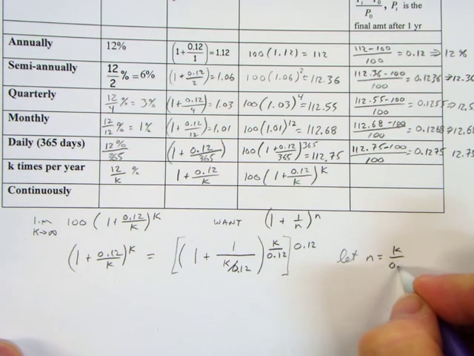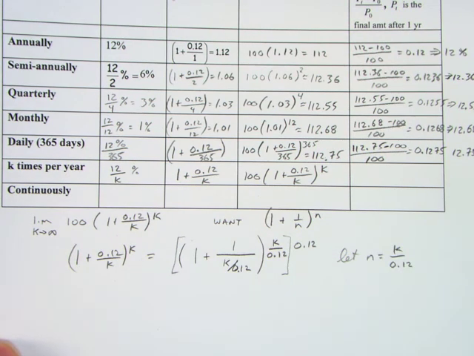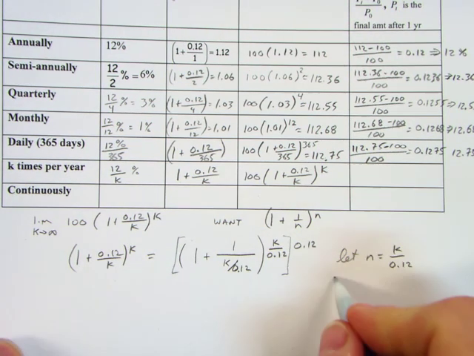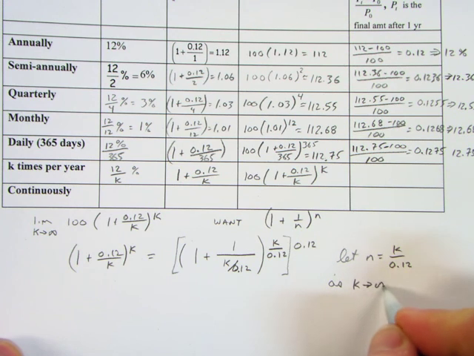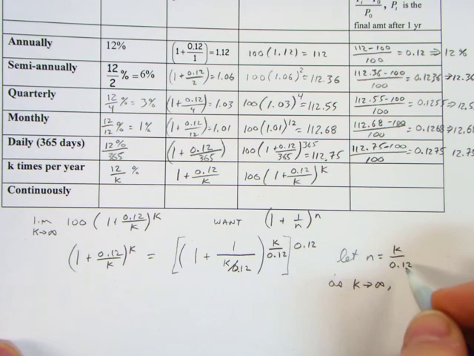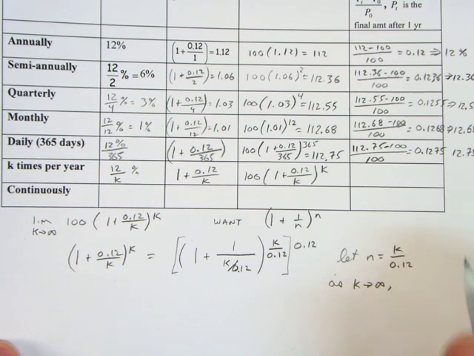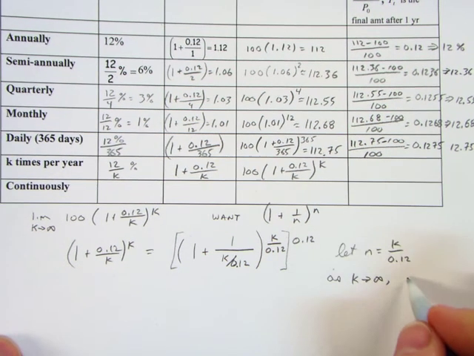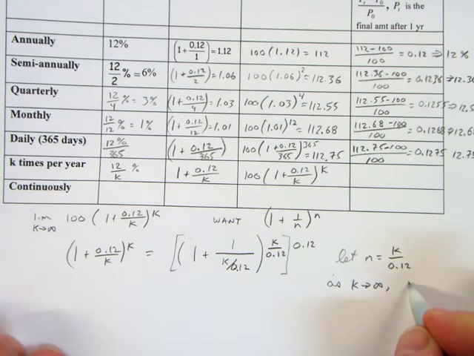And one thing we're going to need to do is think about this. As k goes to infinity, what happens to k over 0.12? So as k gets bigger and bigger and bigger and bigger, and you're dividing by 0.12, what happens to n? Well, n is also going to go to infinity.